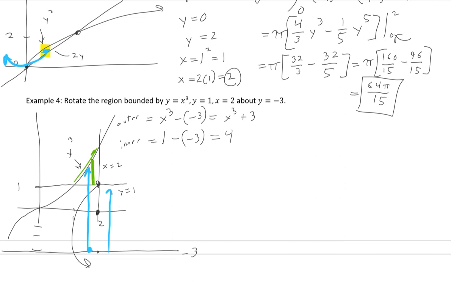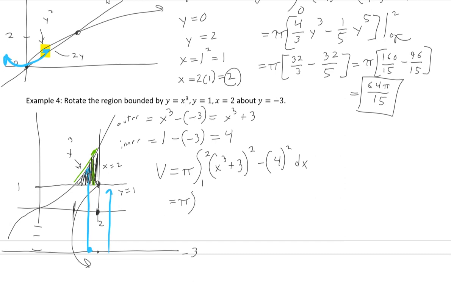So that means we set up this volume as pi from, in this case, 1 to 2. That's the region I care about. The region is just this triangle right here. From 1 to 2 of x cubed plus 3 squared, that's the outer radius, minus the inner radius, which is 4 squared, dx.